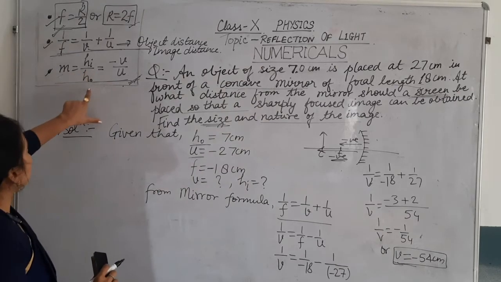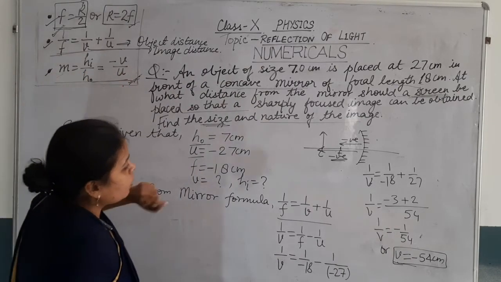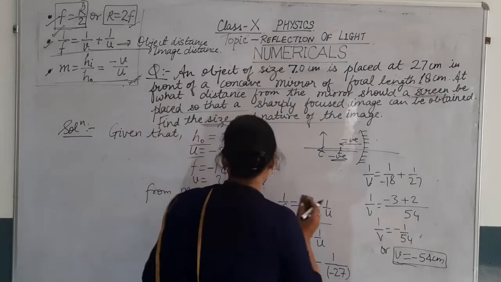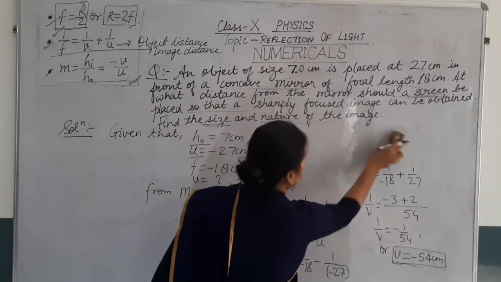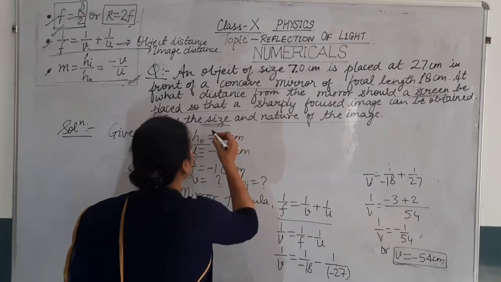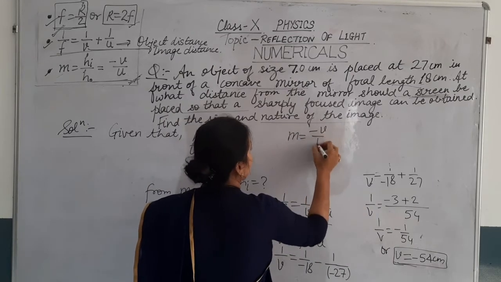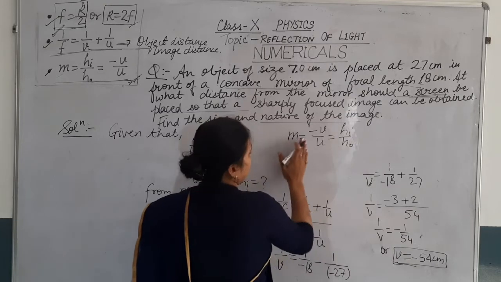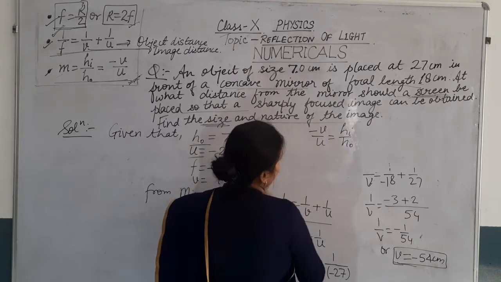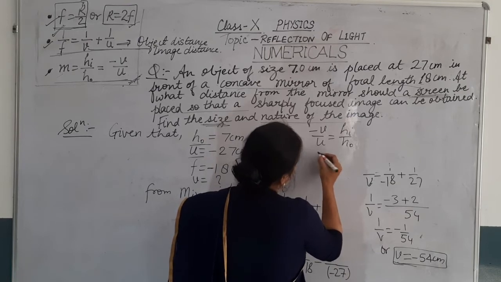Hi upon ho is equal to minus v upon u. We will use this relation and find out the size of the image. M is equal to minus v by u is equal to hi upon ho.